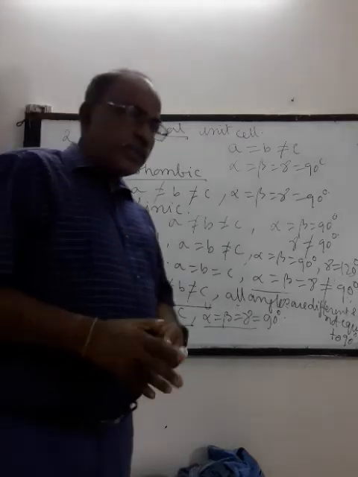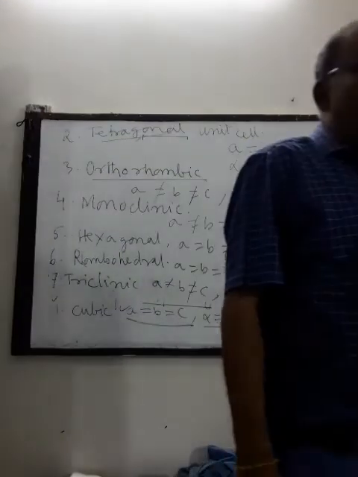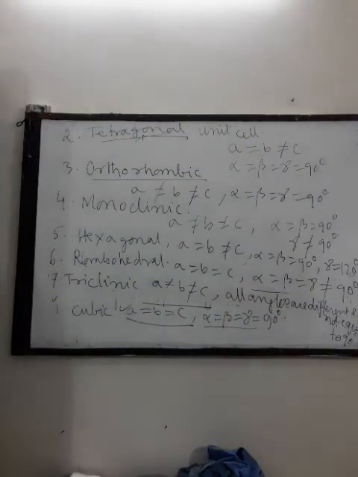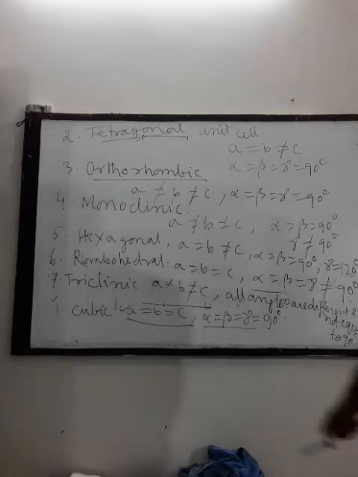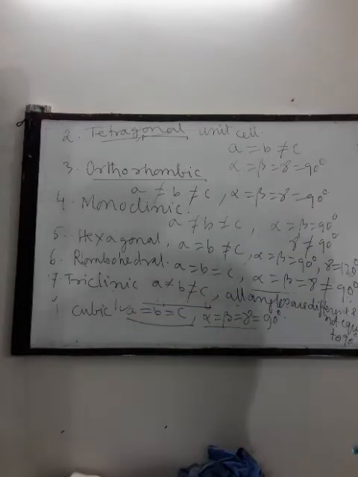So on the basis of A, B, C, that is three sides, and also the angles between sides alpha, beta and gamma, primitive or simple unit cells are of 7 different types. Number 1 is called cubic, all sides are the same, all angles are also the same and equal to 90 degree.